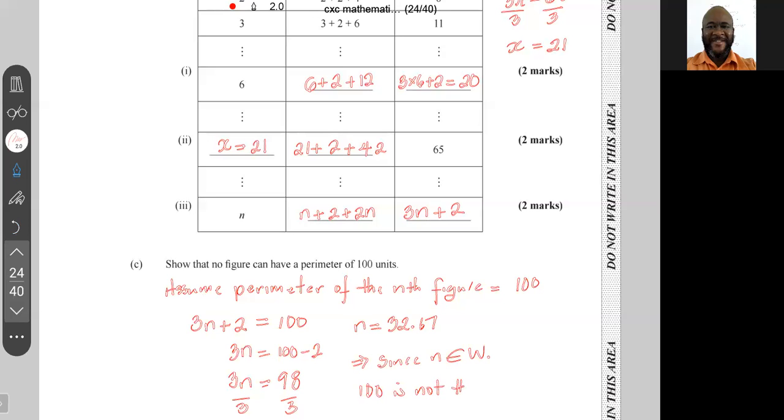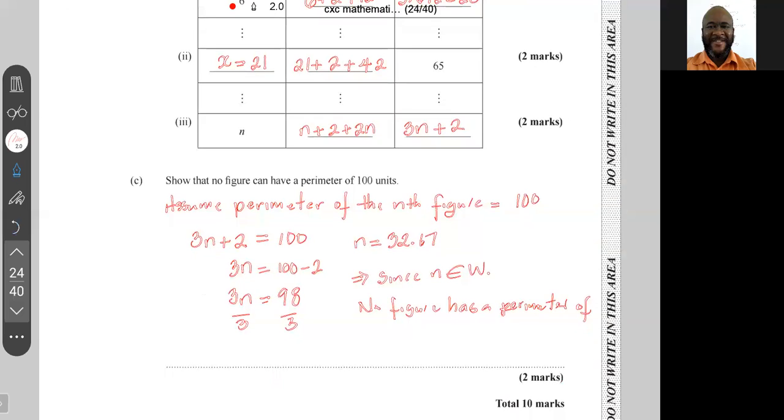All right, no figure has a perimeter of 100 units. All right, I'm stopping here.